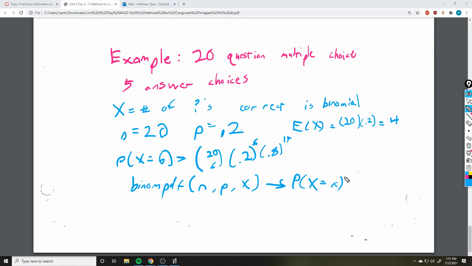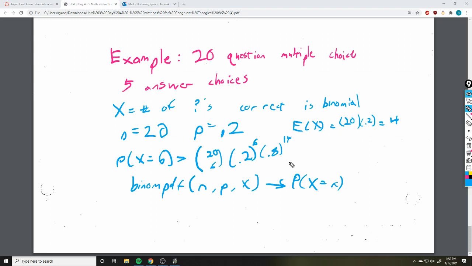Now, let's say that we want to find a range of values. Let's say that we want to find the probability of getting at least a certain amount correct. So not just exactly 6, but maybe we want a probability of more than 6. Or the probability that we get a passing score. That's going to be pretty low. That is where binomial Cdf comes in.